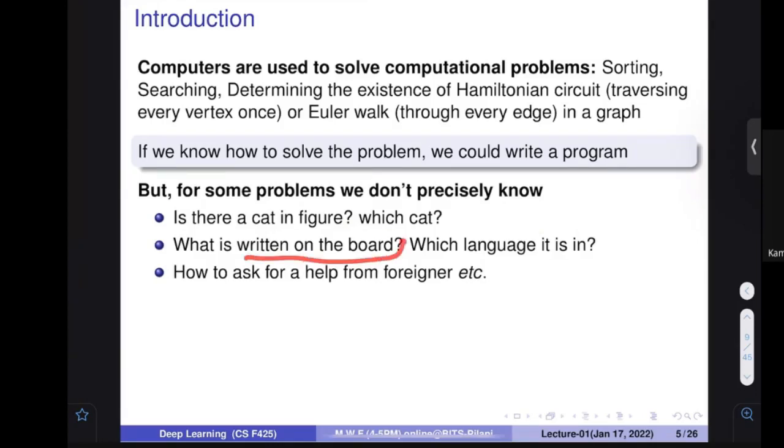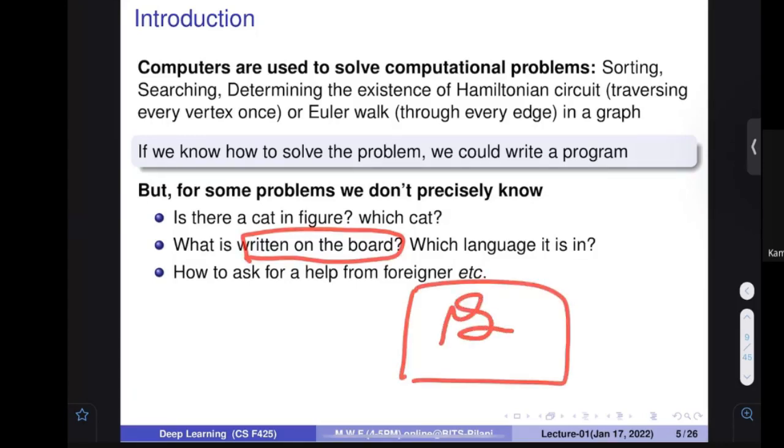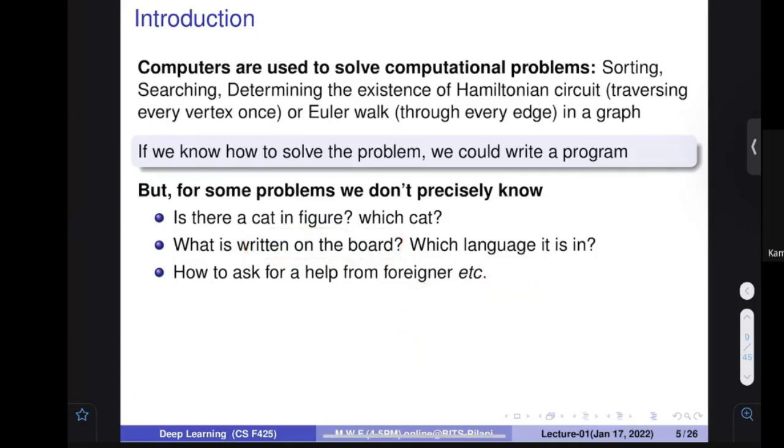Another question could be what is written on the board. For example, there is a board. If I write something like this, somebody can say, no sir, nothing is written on the board. But sometimes you can say that no, something is written, maybe in some different language.